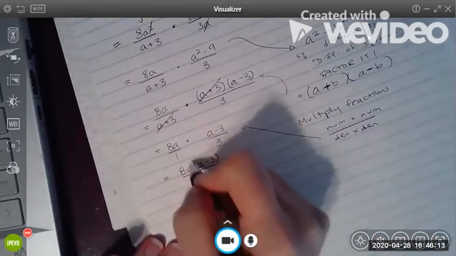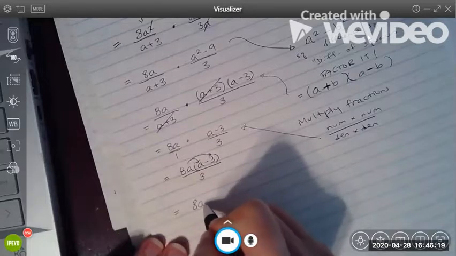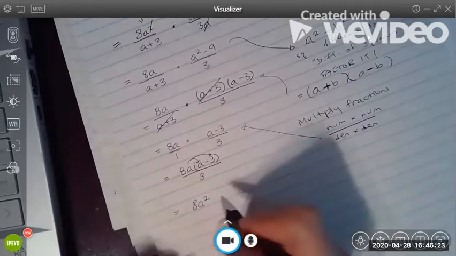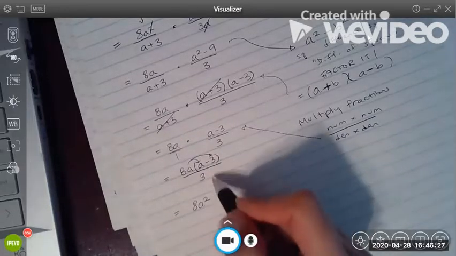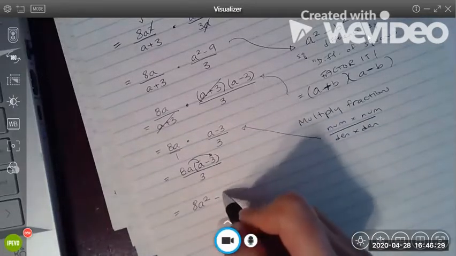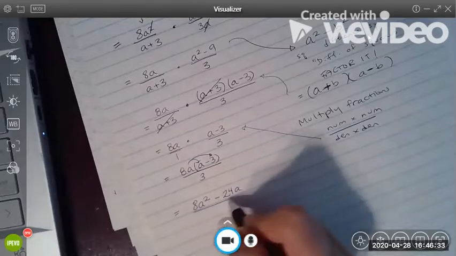Okay, so I'm going to distribute out that 8a, 8a times a. So 8a squared. And 8a times negative 3. So minus 24a all over 3.